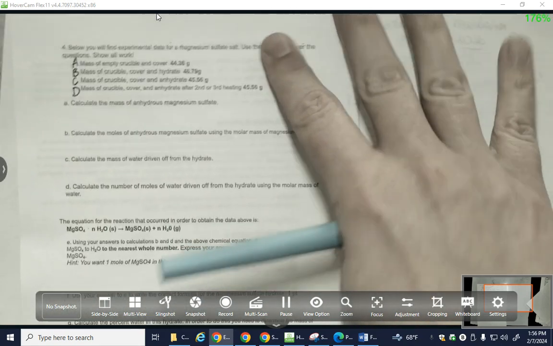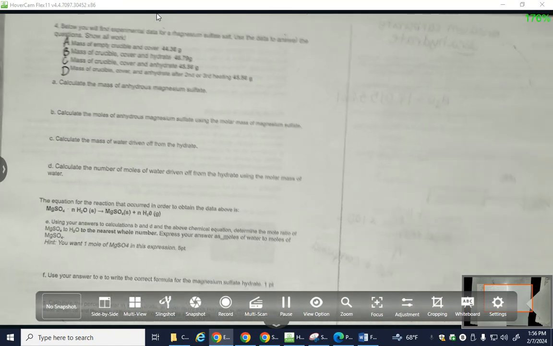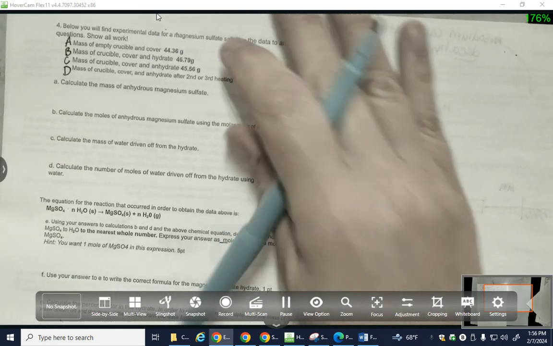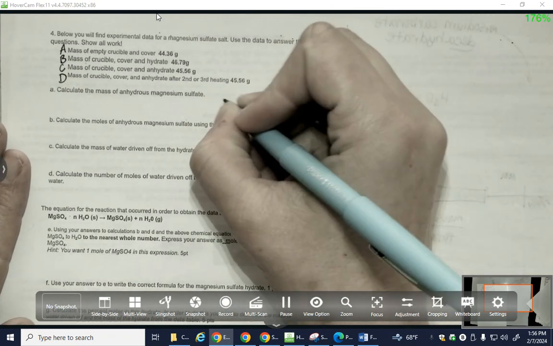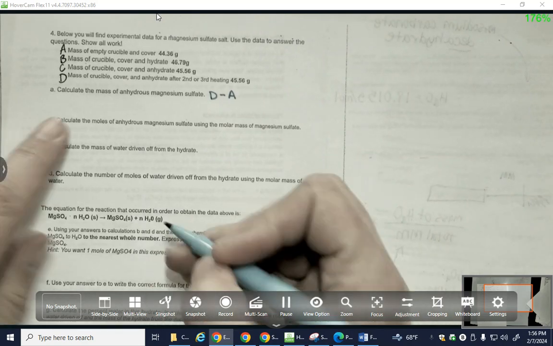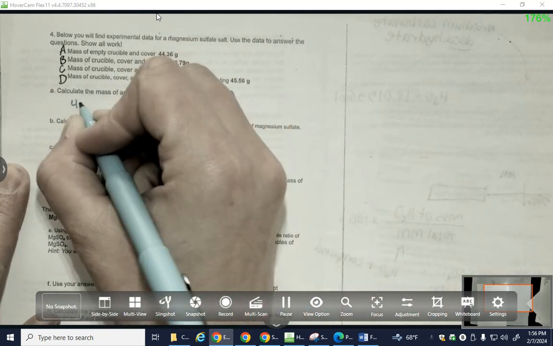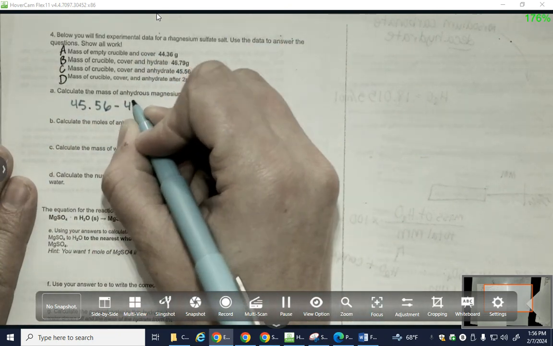All right, so you have your data up here. So very similar to what you have in your lab, all right? It says for the first part, calculate the mass of the anhydrous magnesium sulfate. And it does tell you on your lab page itself that you're going to be subtracting D minus A, right? So we're going to go ahead and have, in this example, 45.56, and I'm going to subtract A from that.